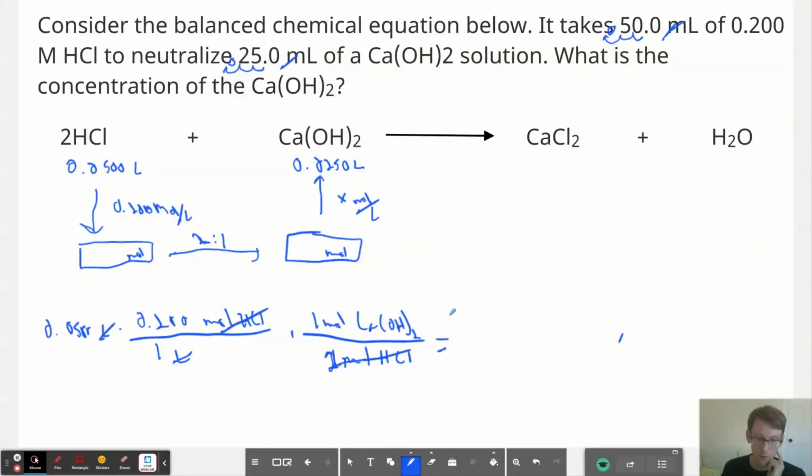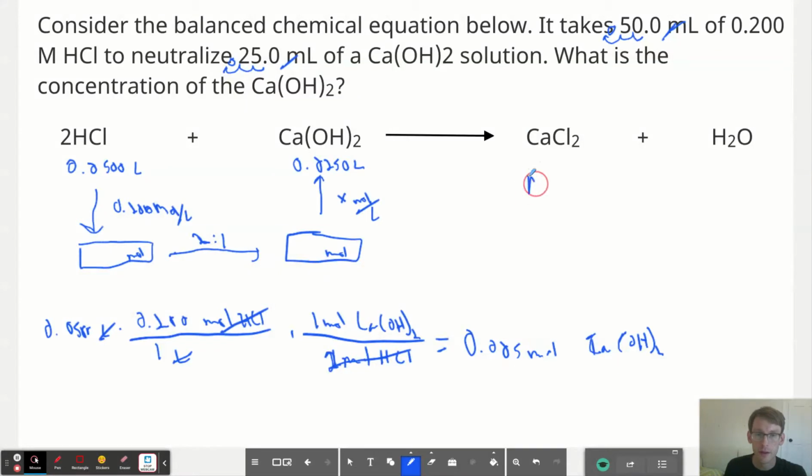So I'm going to be at moles of calcium hydroxide, and what I find is that there are 0.005 moles of calcium hydroxide. From here, I can go into the definition of molarity.